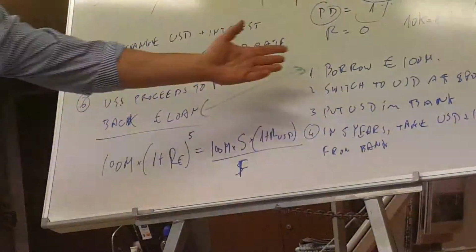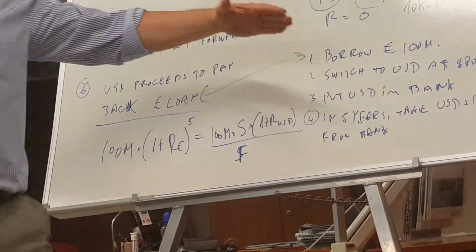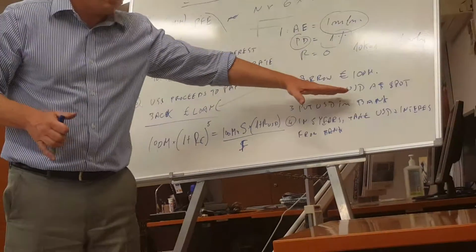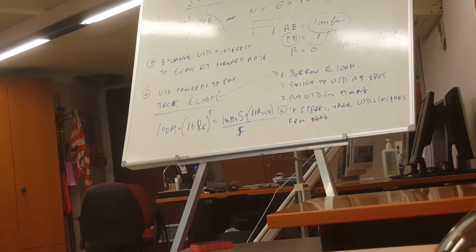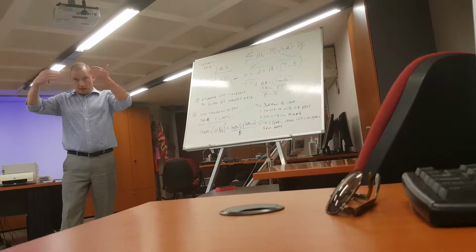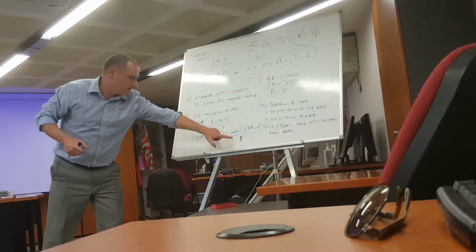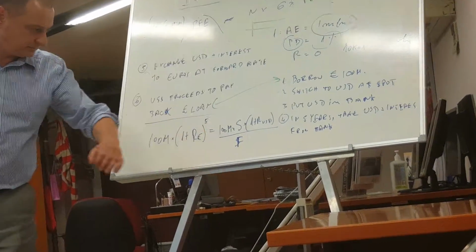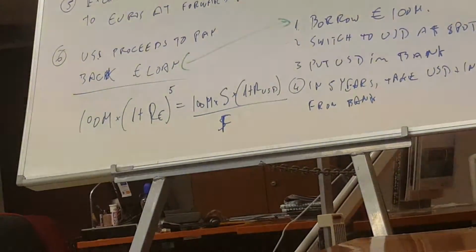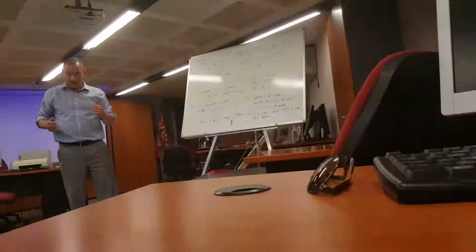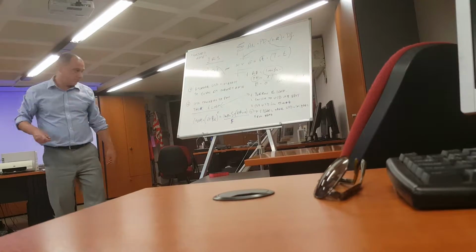Because I switch it to, say, 110 million USD, I put 110 million USD in the bank, I watch it compound, and then I have fixed the forward rate to do the exchange.